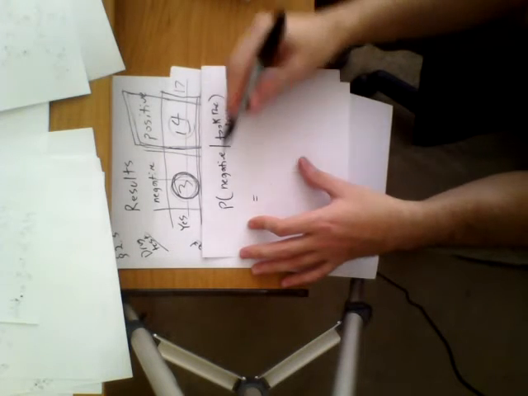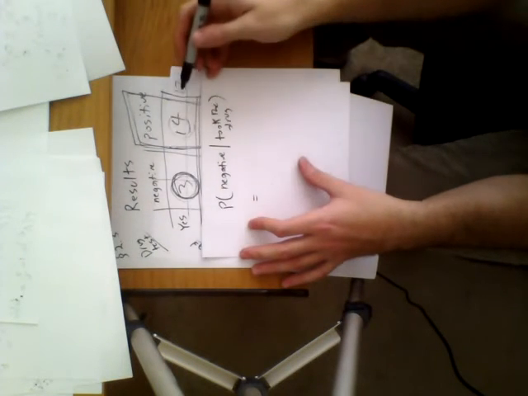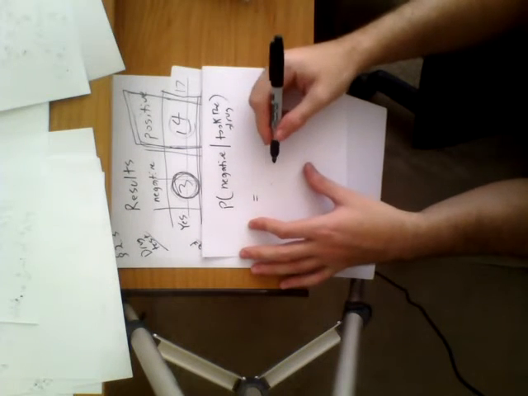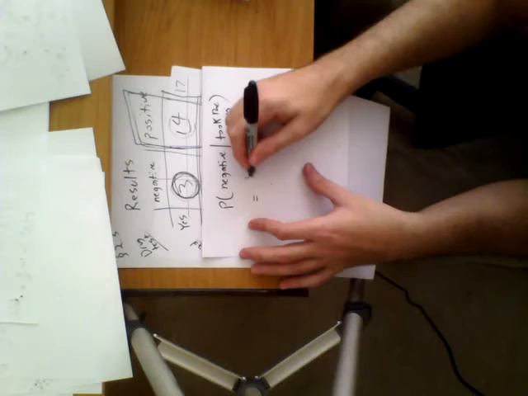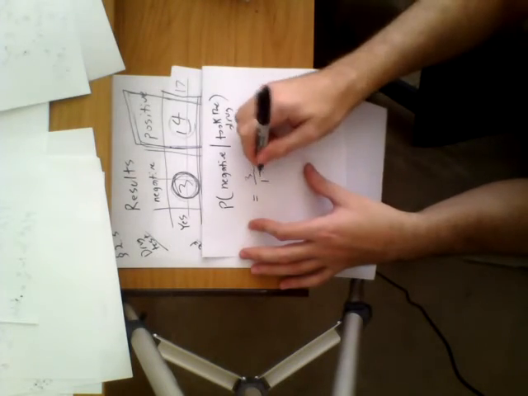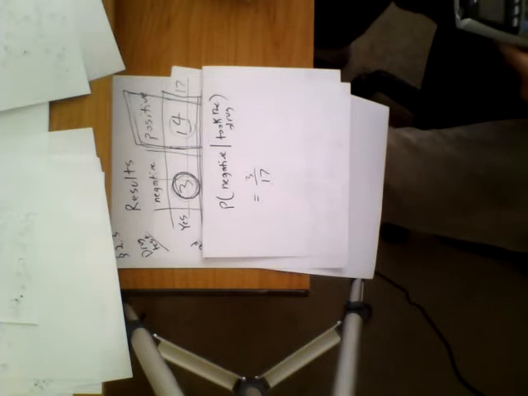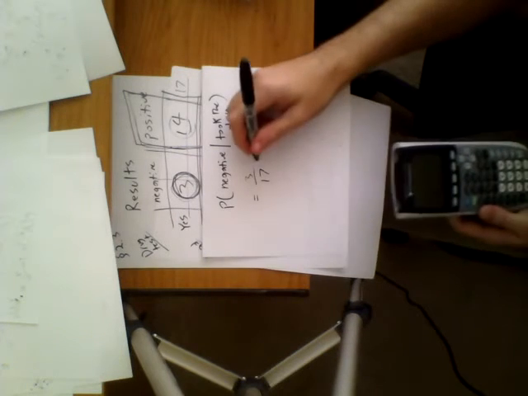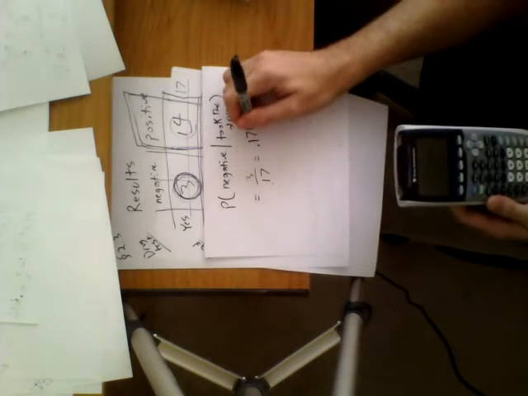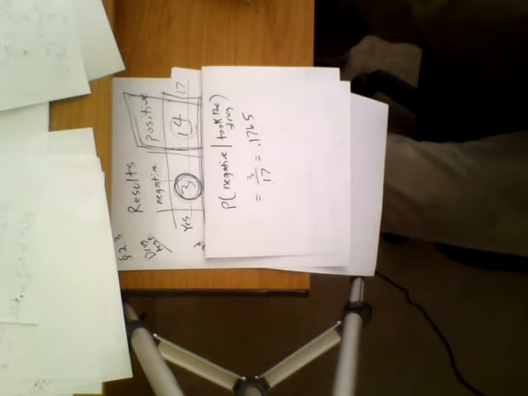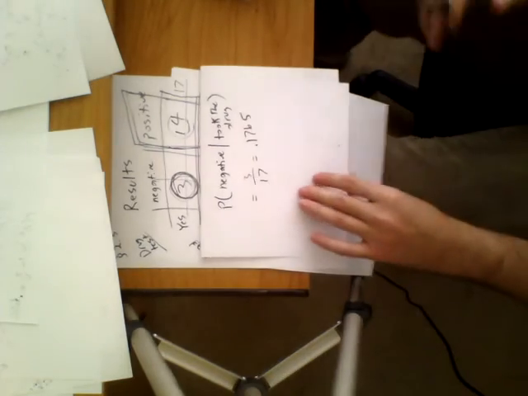This is what we're dealing with now, not this total 100 or anything like that. How many are negative? 3 out of 17. Divided by 17 gives us 0.1765. Okay. And that's just using this chart.